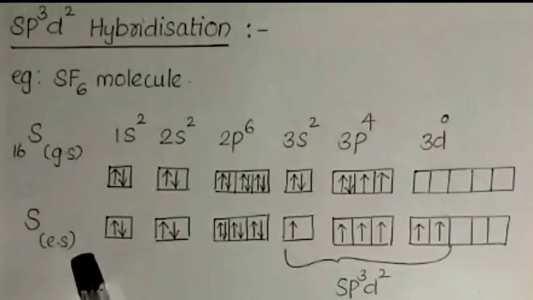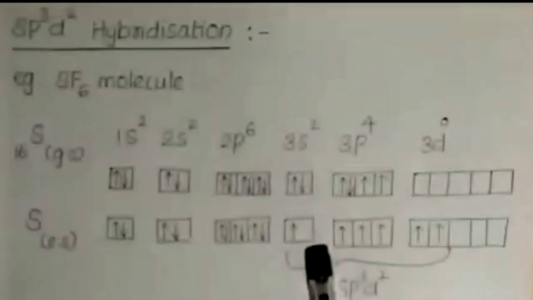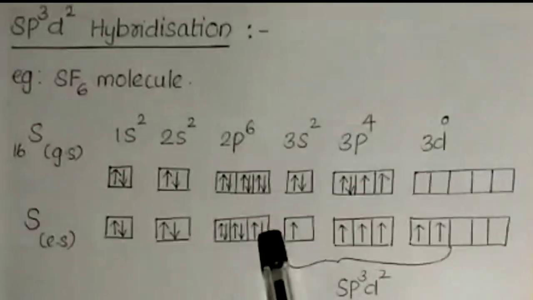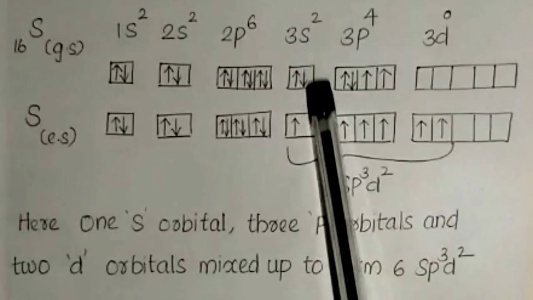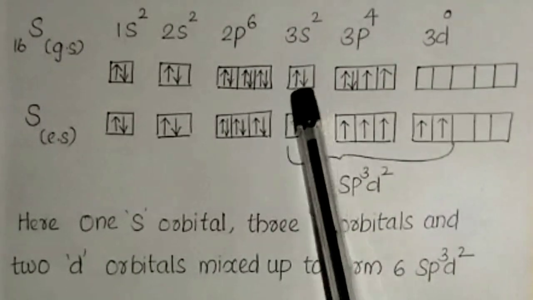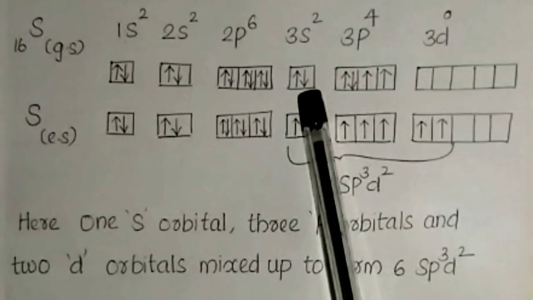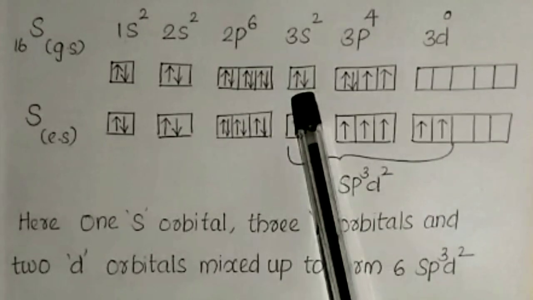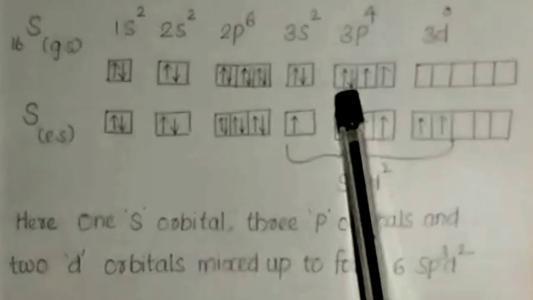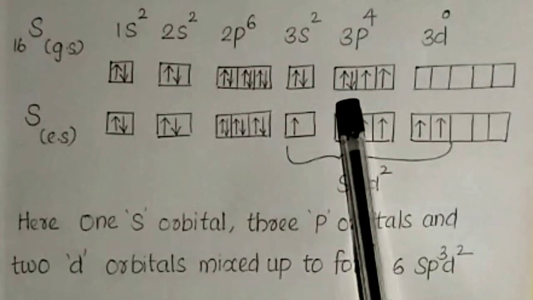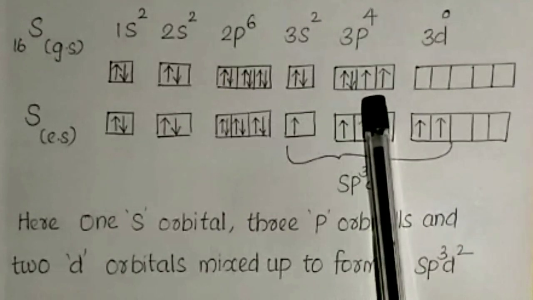Then sulfur is in the excited state. The inner electrons we don't need to draw; only the outermost subshells need to be drawn. That is 3s2, where 2 electrons are present, paired up here. In the 3p level also 1 electron pair is present and 2 unpaired electrons are here.